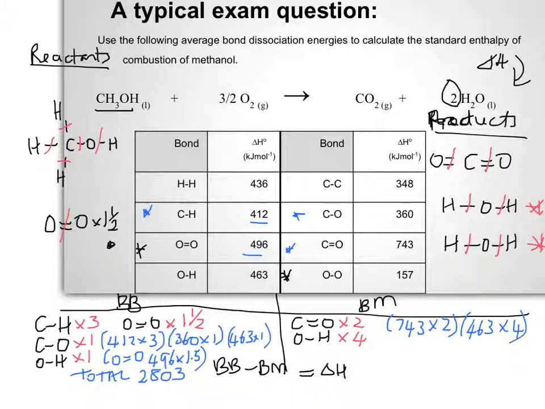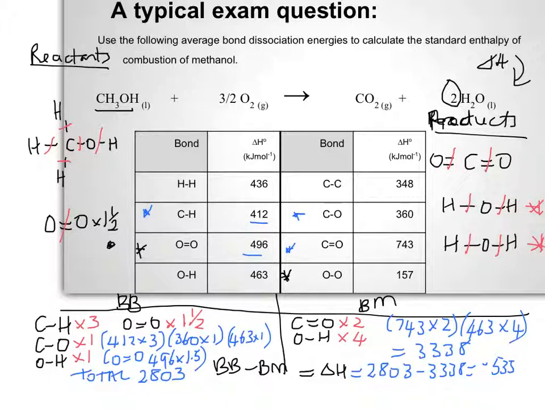So we add all of that up in blue, and that totals 3338, and now we can do our BB minus BM: 2,803 minus 3338, and gives us our final answer of minus 535.